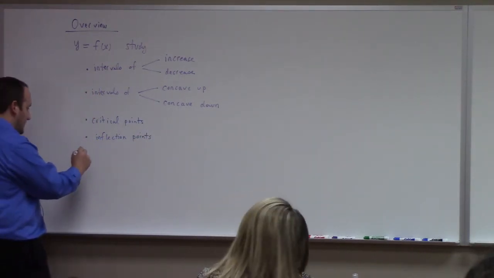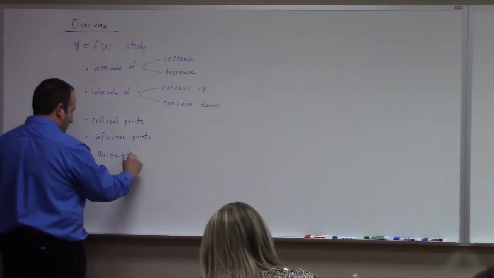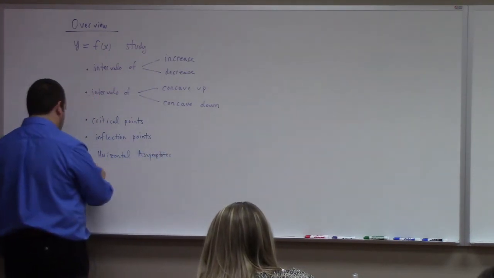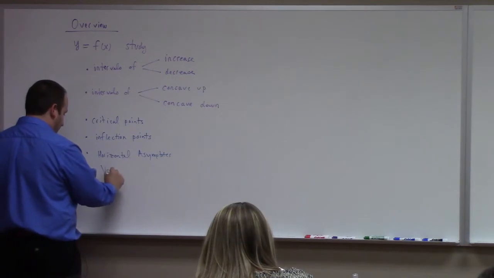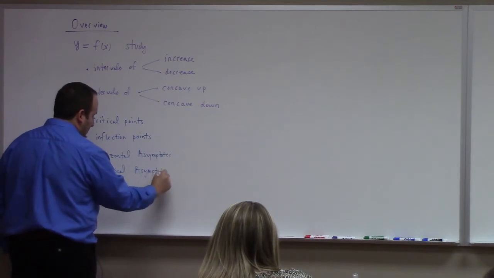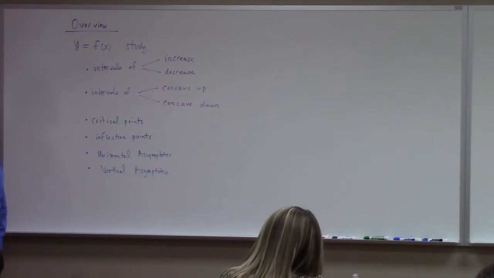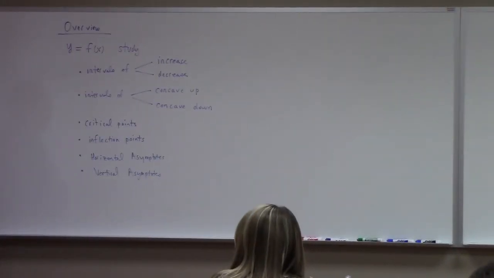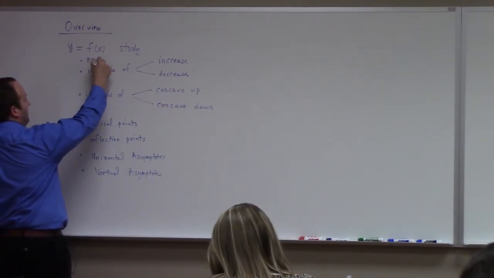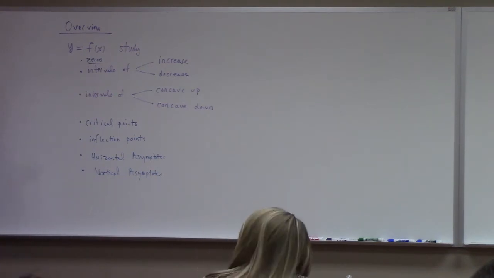Of course, we're also interested in two other things, horizontal asymptotes, and of course, not to be forgotten, vertical asymptotes. These things, along with, what did we learn before this course? Before all this, what do you want to know about? How about zeros, right? These are the things we'd like to understand for a graph.